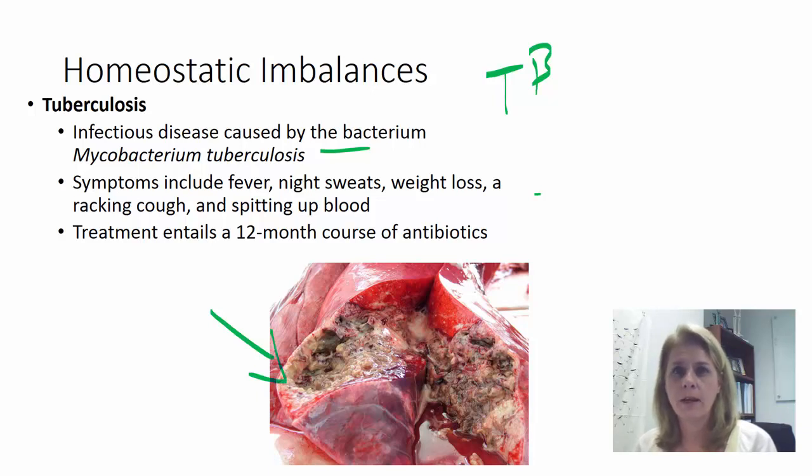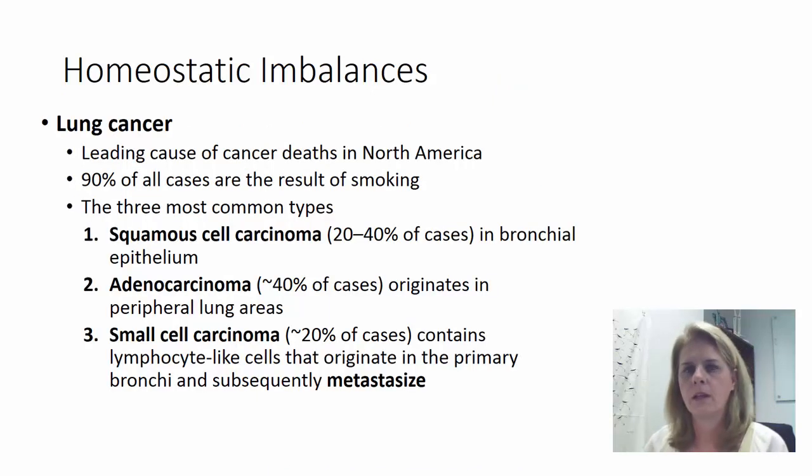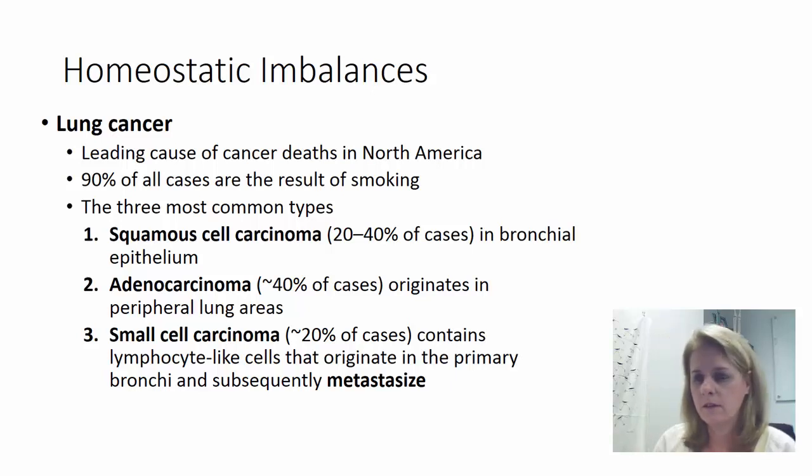A lot of times they'll do an x-ray in order to diagnose TB. And that's the one where you get your skin test, when they prick your skin to see if it bubbles up, to see if you've been exposed to TB. Lung cancer is the leading cause of cancer deaths in America. Almost 90% of all cases are due to smoking.